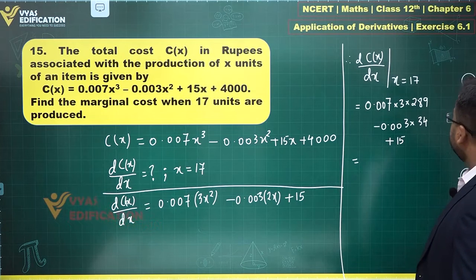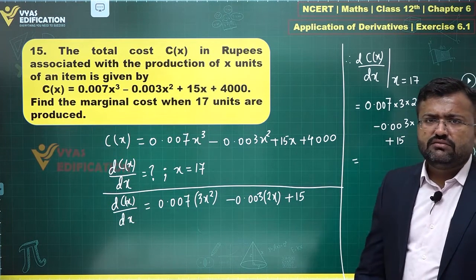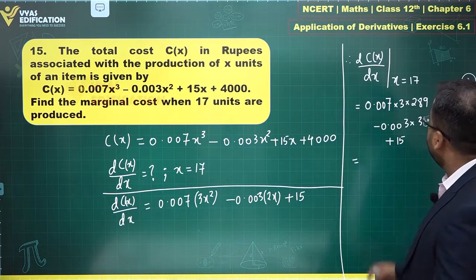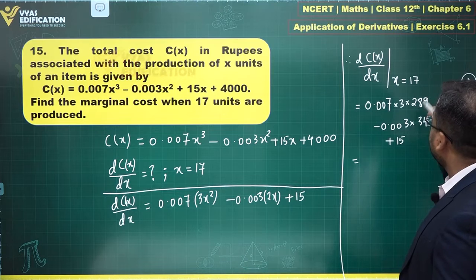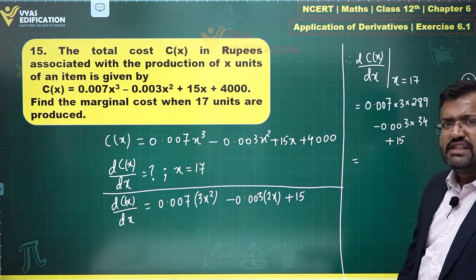What else? This becomes 21 times 289 is what I'm interested in, and divided by 1000 because this is 0.007. So 21 times 289, can we multiply them together? Yes. 21 times 9, what is that?